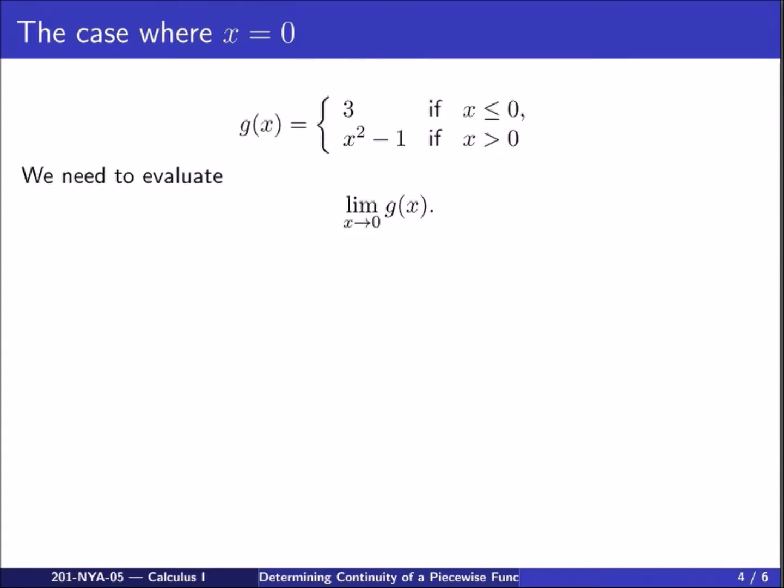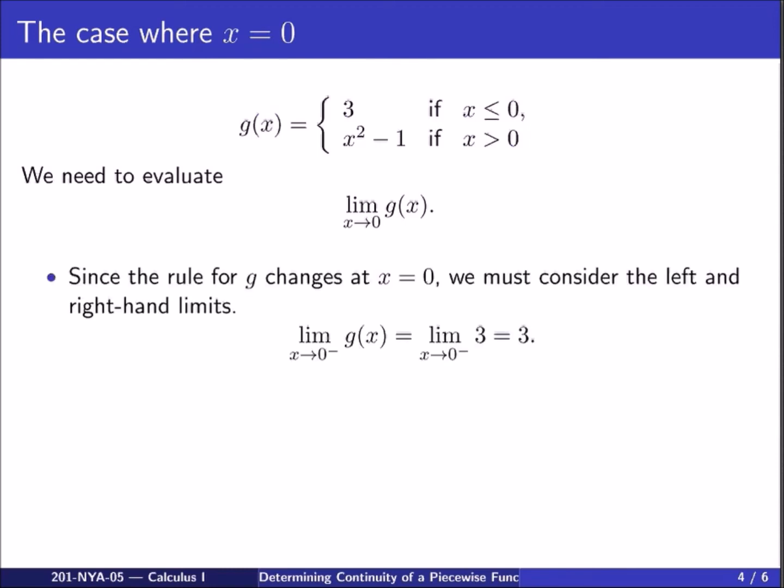Now, the next thing we need to look at is the limit of the function as we approach 0. Now, because the rule for g changes on both sides of 0, we need to look at the limit coming from the right-hand side and the limit coming from the left-hand side separately.